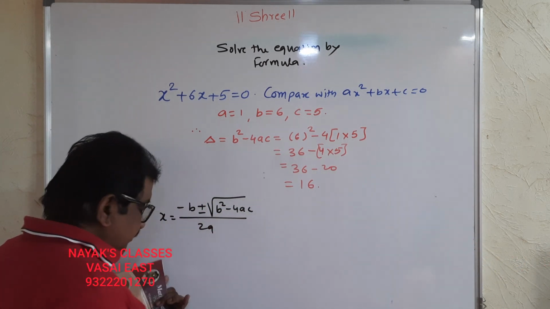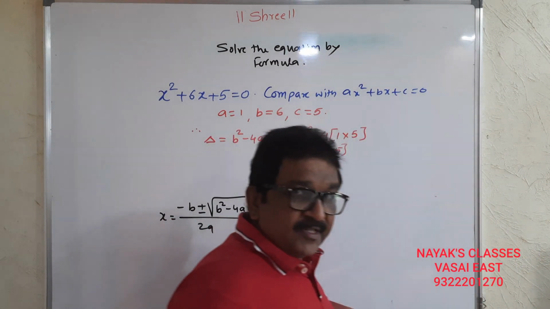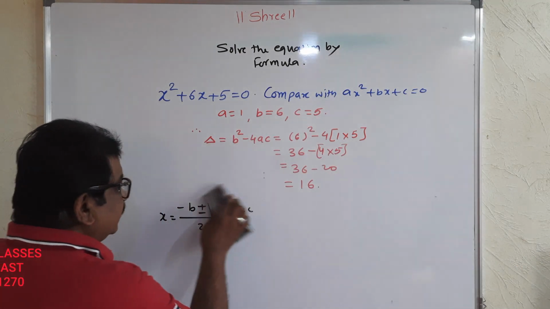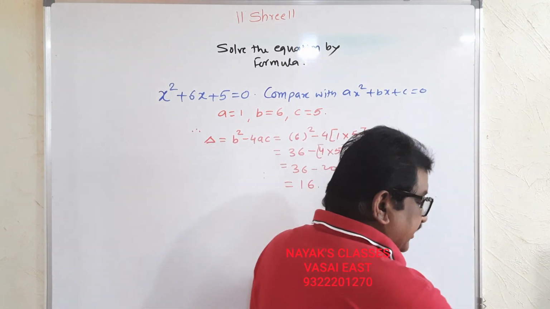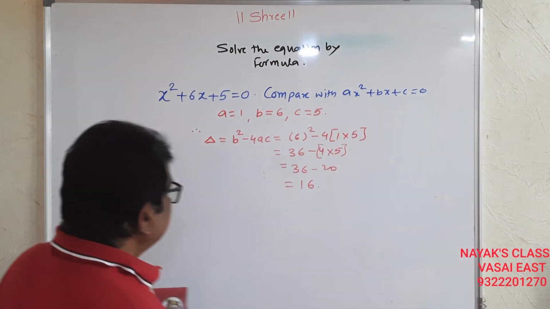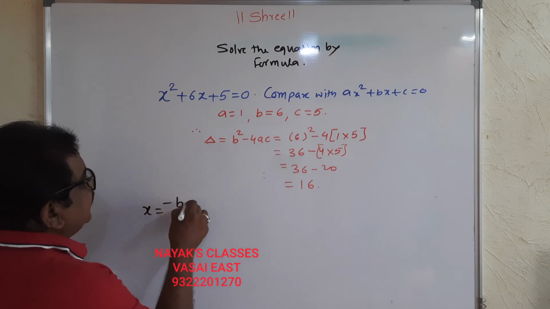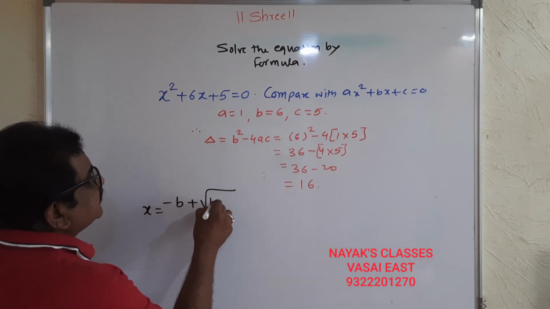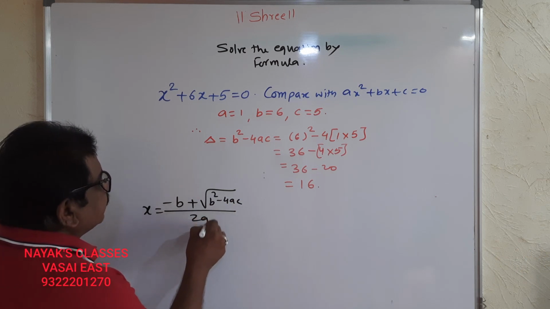Using this formula separately for plus and minus, we get the first formula, that is x is equal to minus b plus under root b square minus 4ac upon 2a.